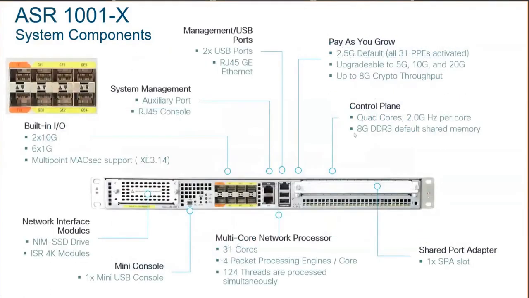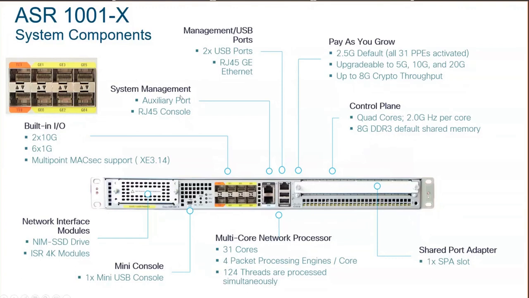ASR 1001X is kind of similar to 1002X. You have a multi-core network processor and only one SIP slot, compared to 1002X, which has three SIP slots. The control plane will have 8 GB memory and a quad-core processor. Again, the throughput is based on the pay-as-you-grow model. So 2.5 gigs will be default, and it can be upgraded. It provides up to 8 Gbps of crypto throughput.